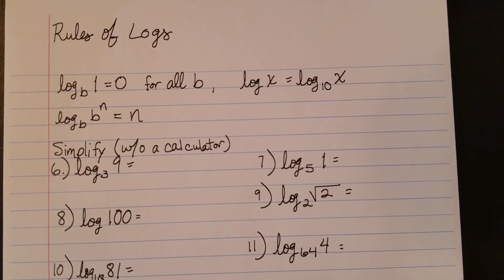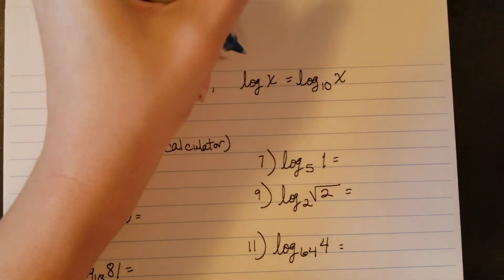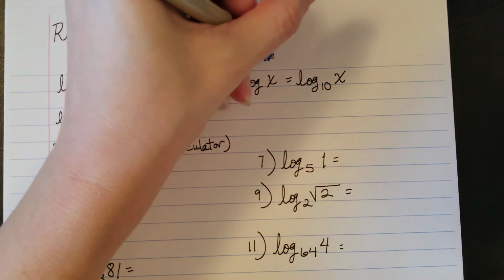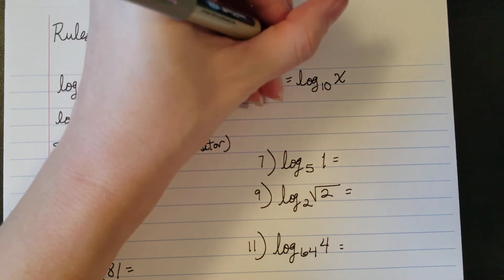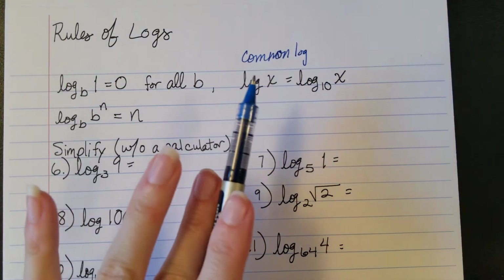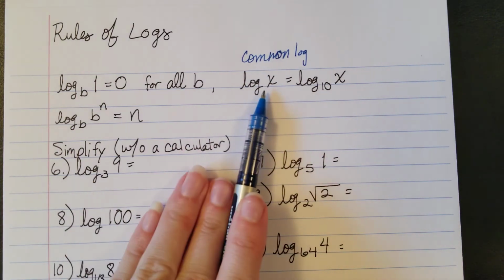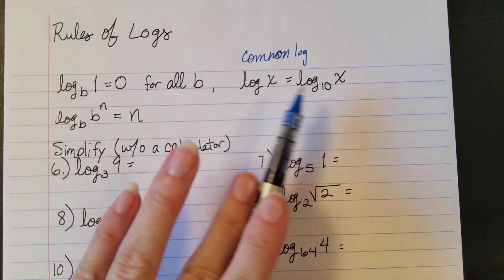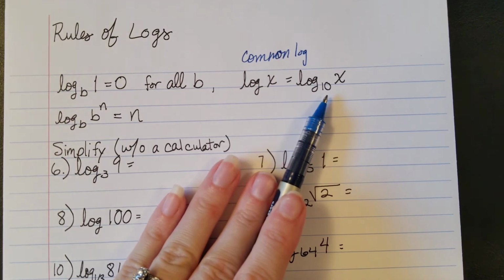So we have log base b of 1 is equal to 0 for any value of b. So any log of 1 is always equal to 0. And then we have what we call the common log right here. If the base is not shown, then it's understood to be a base of 10.